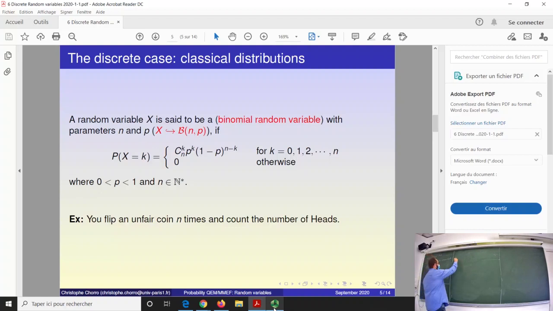So here I initialize at n equal to 1, because n belongs to N star in my slide. n is not 0, and it's something that I have already seen, because we have seen together that a Bernoulli of parameter p is a binomial of parameter 1, p.